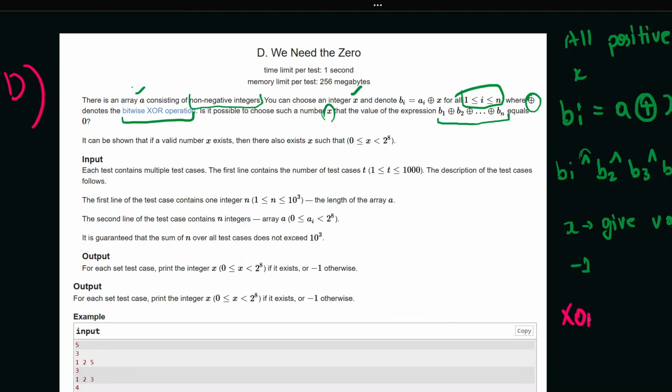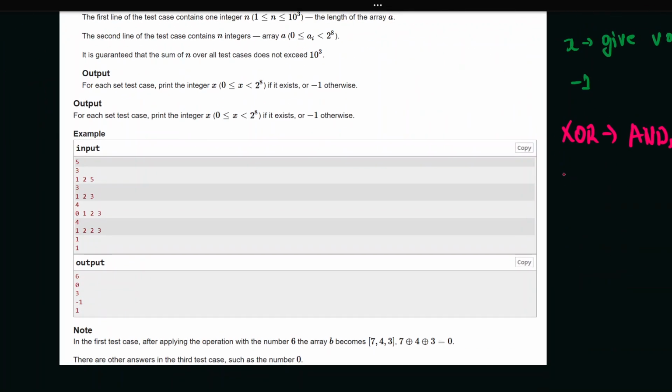First, let's discuss XOR. So you might be familiar with the AND operation, OR operations, right? Similarly, we also have XOR. Okay. So let's discuss AND. If there is a value 2 and there's a value 3, we can represent 2 in this format, right? 1, 0.